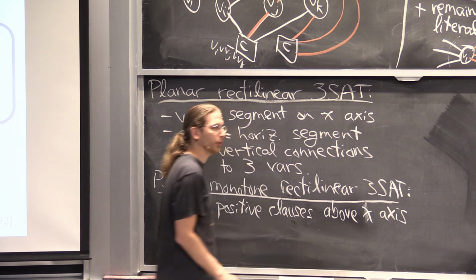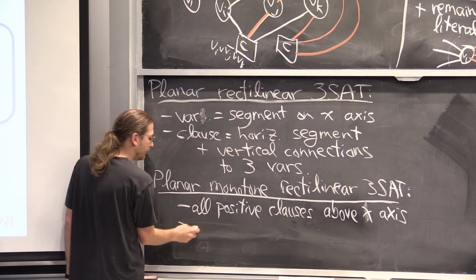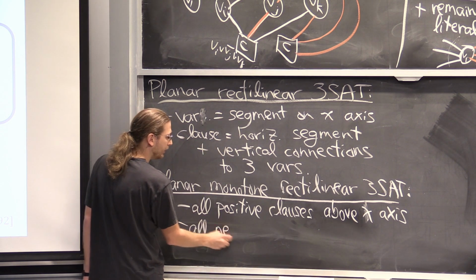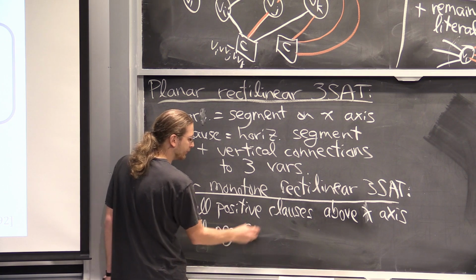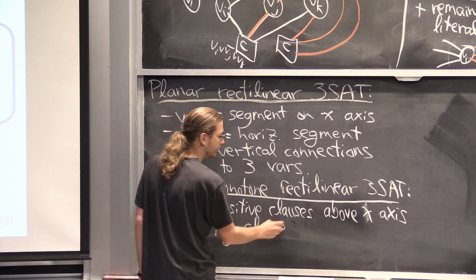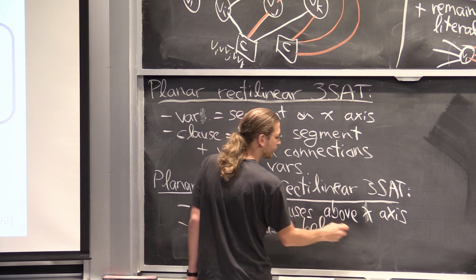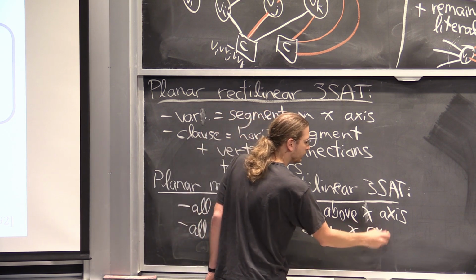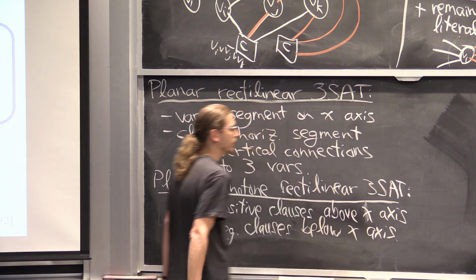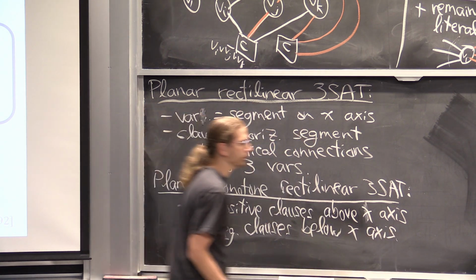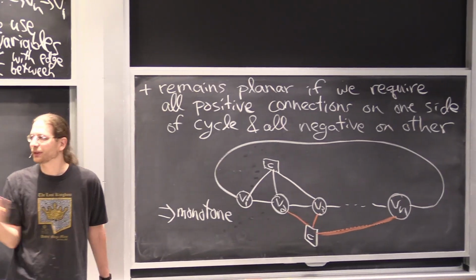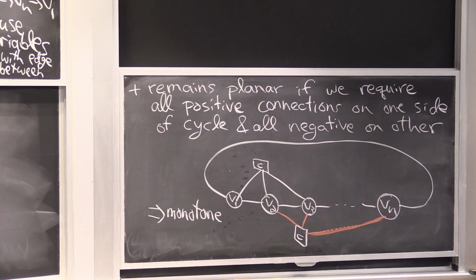Every clause above the x-axis should be all positive, and every clause below the x-axis should be all negative. Okay, so I guess this one you could call monotone planar 3-SAT without rectilinear. But of course, rectilinear doesn't change much.